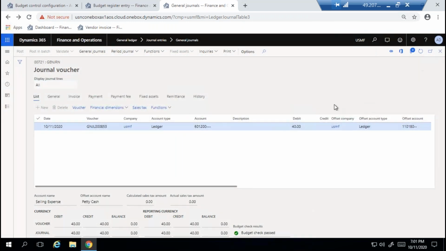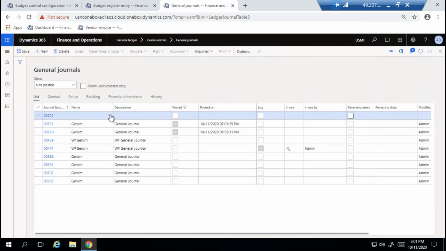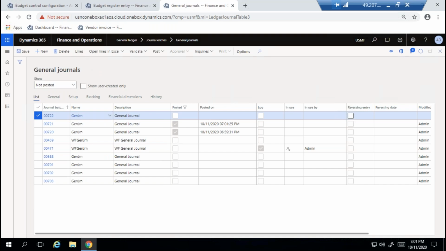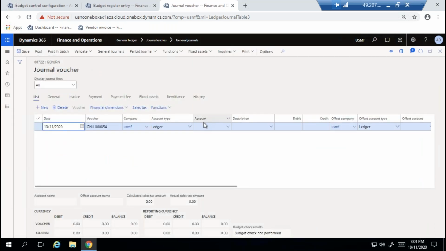Now I'm creating new one. After 2 days or after 1 week, after 10 days, I'm entering something another one. So 601 200. Now if I'm trying to enter 500 or 550, what is the error message I will get? How much amount?